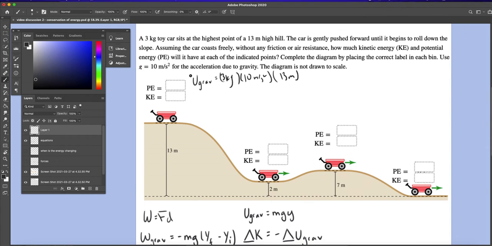The answer you get for that would be the potential energy. And since this is at the highest point and it's not moving at this point, the kinetic energy is equal to 0.